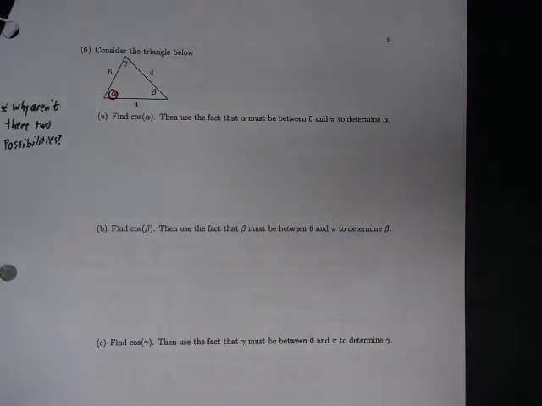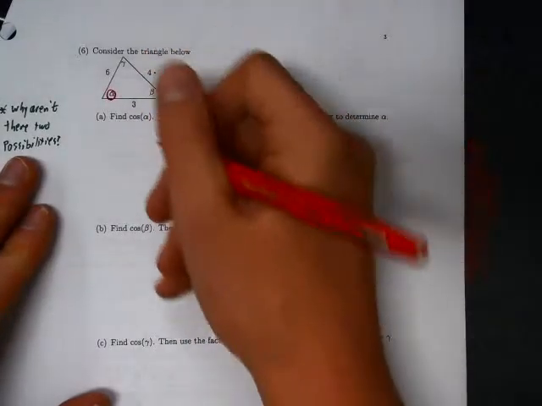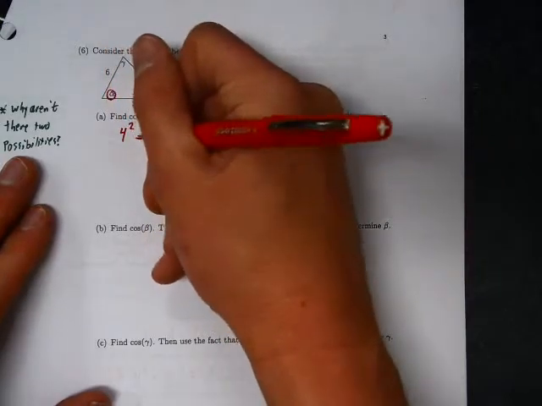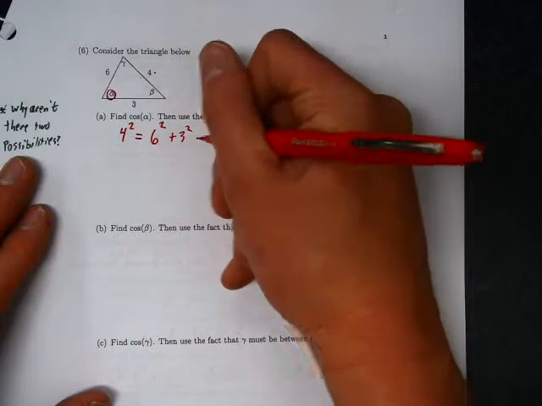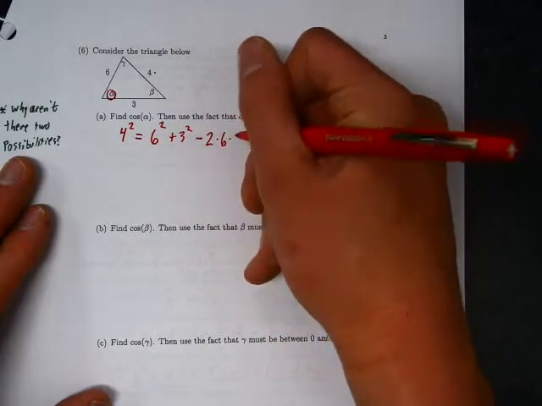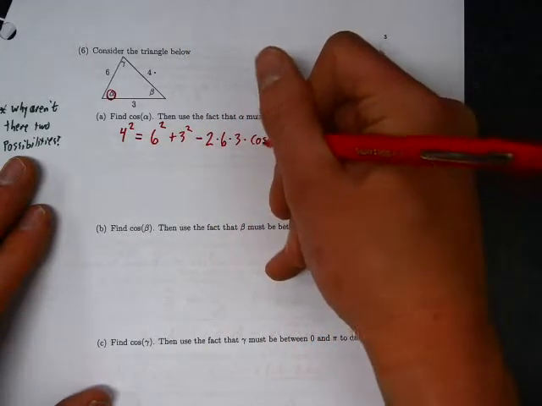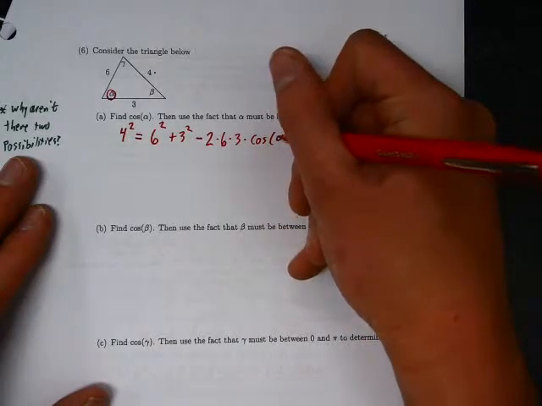So I'll use the law of cosines centered at alpha to figure this out. The law of cosines says that the side length opposite, squared, should be equal to 6 squared plus 3 squared minus 2 times 6 times 3 times the cosine of alpha.